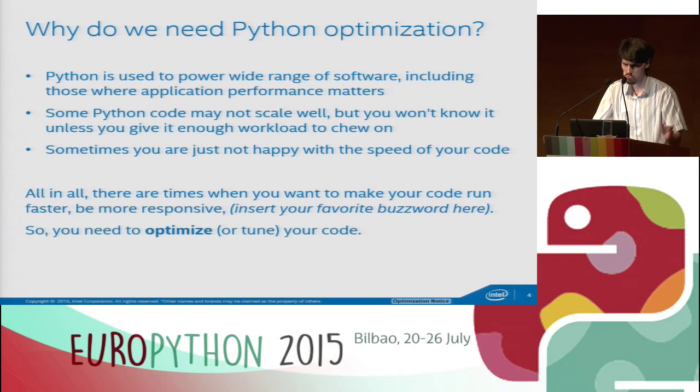And sometimes you're just not happy with the speed of your code, or the reverse, maybe your customers are not happy with the speed of your code. So I think for everybody who came here, it's pretty obvious that there are times when the performance of your code matters. So the question is, how do we find out how to optimize the code?